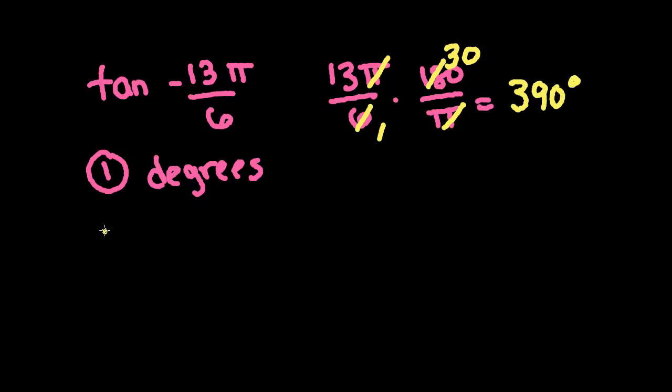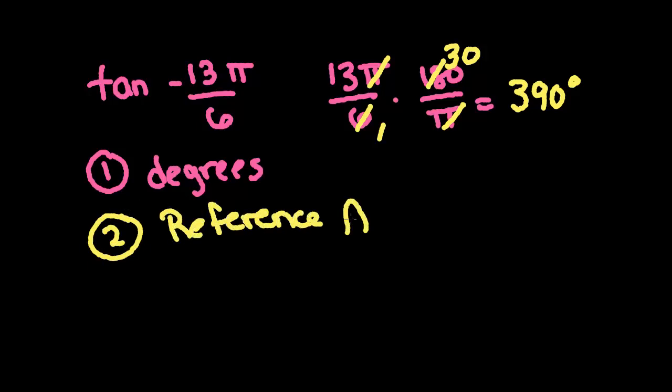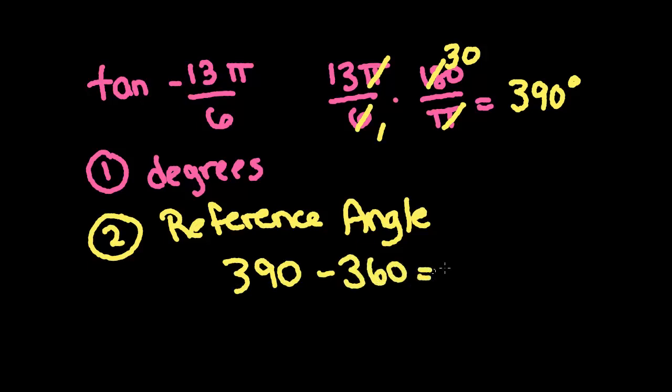So now I need my reference angle. So my reference angle is going to be 390 minus 360, because that will get me in the right quadrant here, and I get 30 degrees. Now I need to figure out the sign.